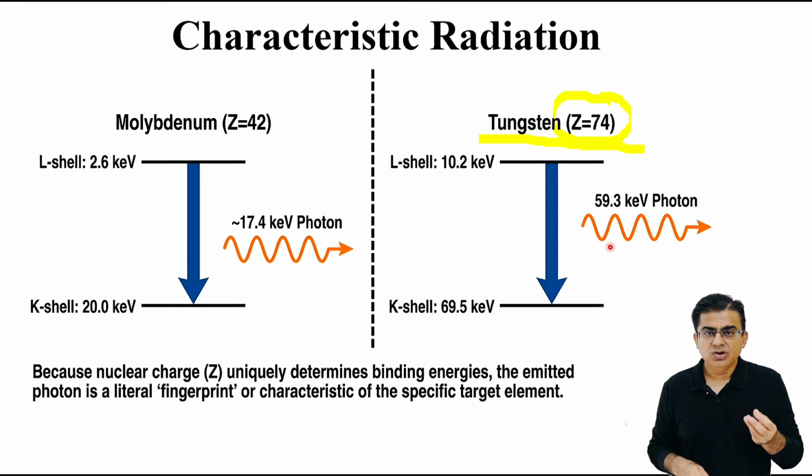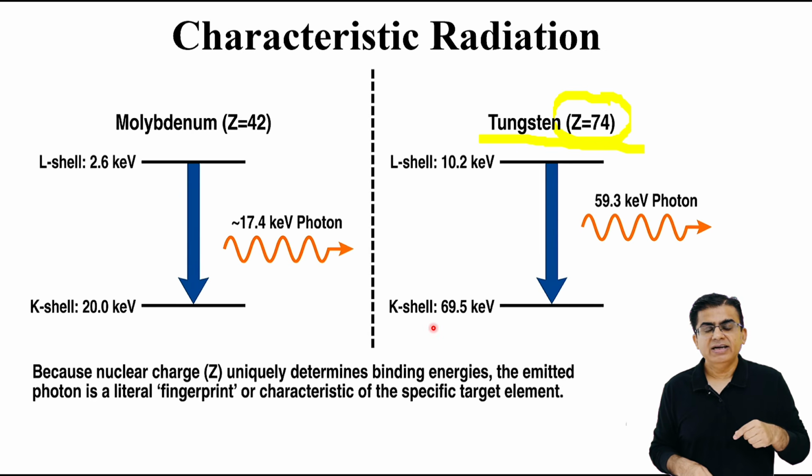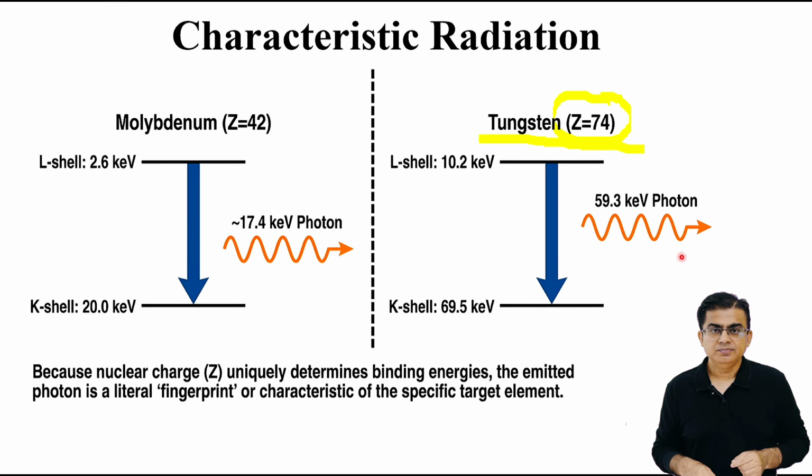That specific photon has an energy of exactly 59.3 keV. This is equal to the energy difference between the binding energy of K shell and binding energy of L shell. That is 69.5 keV minus 10.2 keV equal to 59.3 keV characteristic X-ray photon.